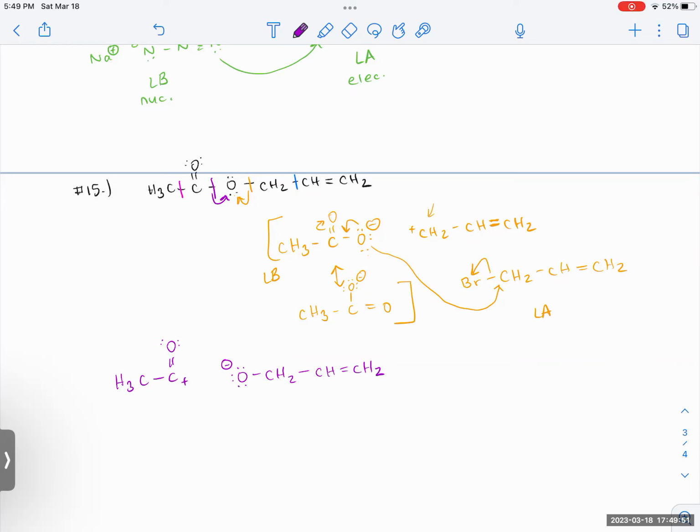And then, that would mean that we would have to put the bromine on this carbon, right, for the leaving group.